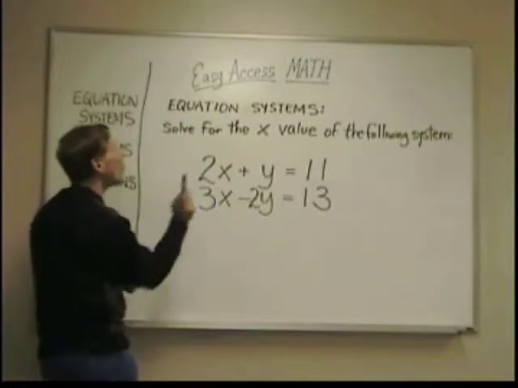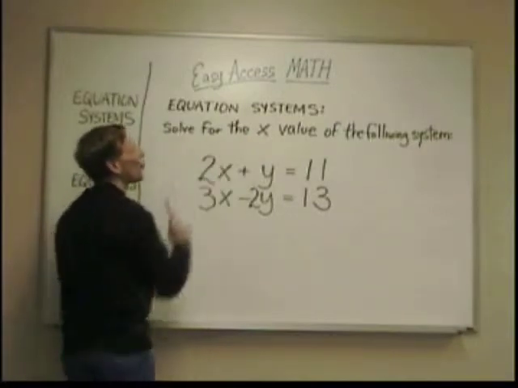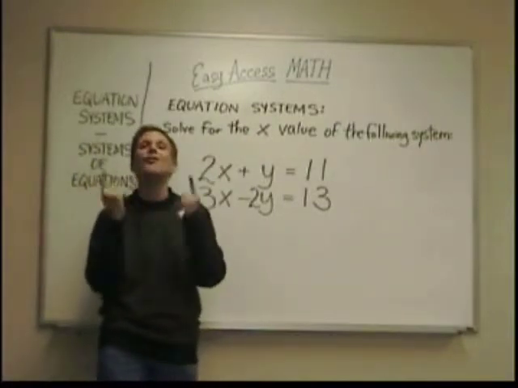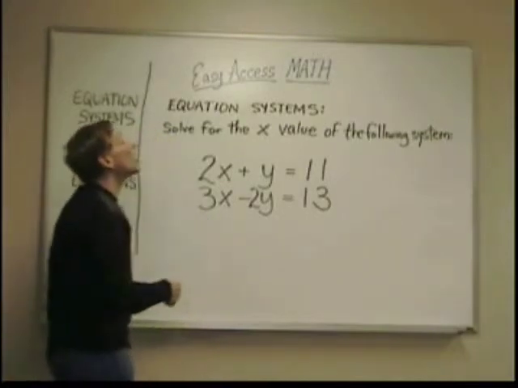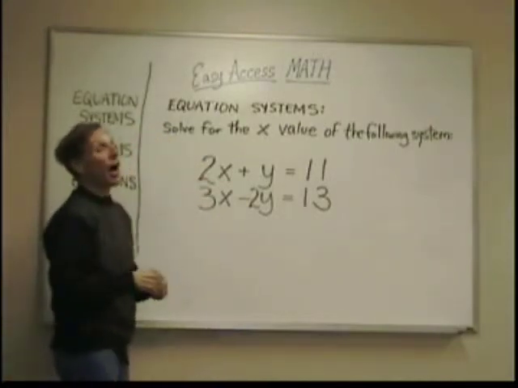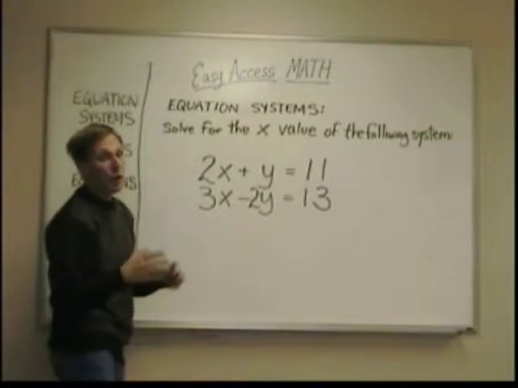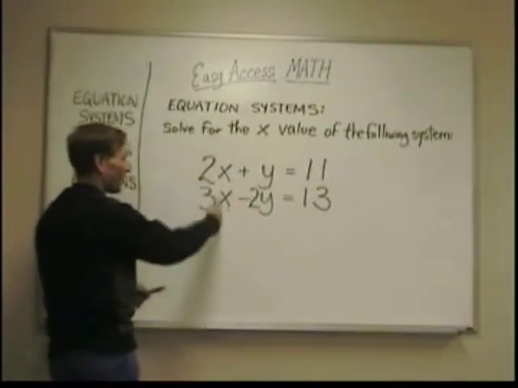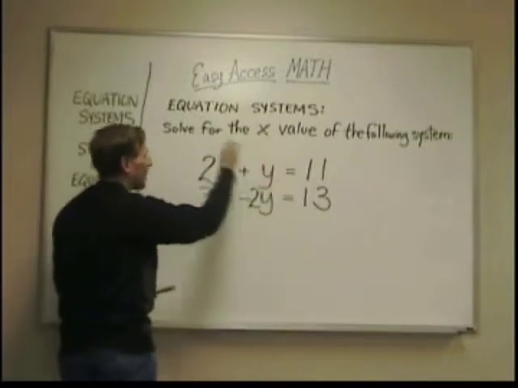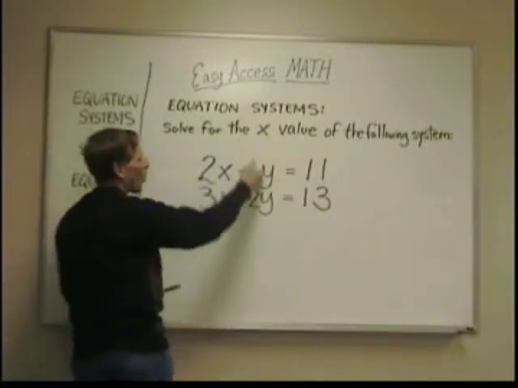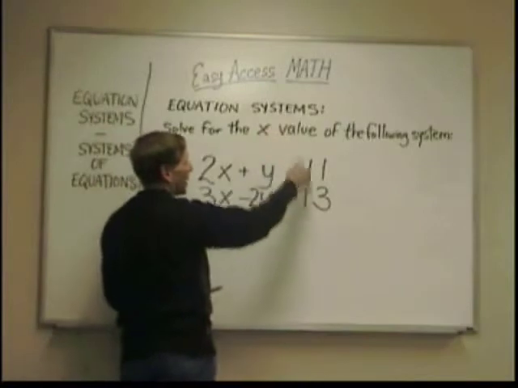Now, look for the one you're asked to solve for, or the one you're being asked to find. You will eliminate the other letter, and you're going to do that by adding the two equations, column by column. X's with X's, Y's with Y's, and number by number.